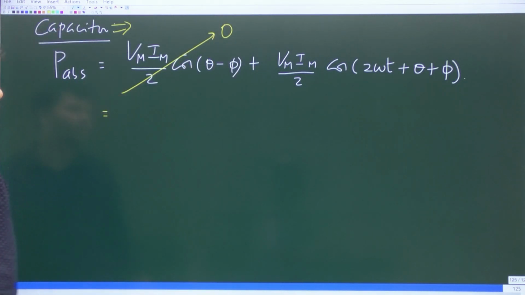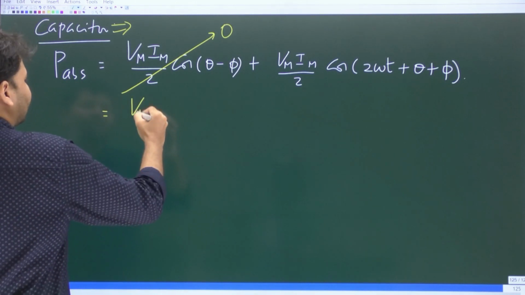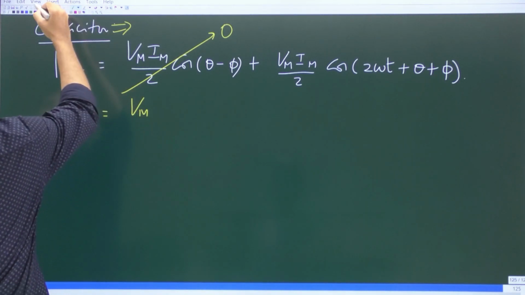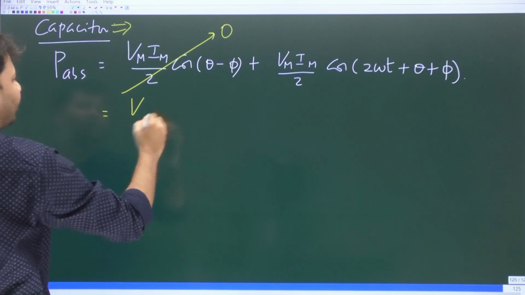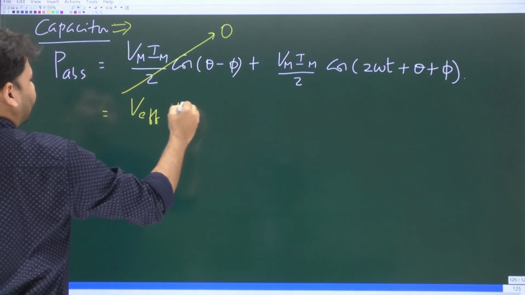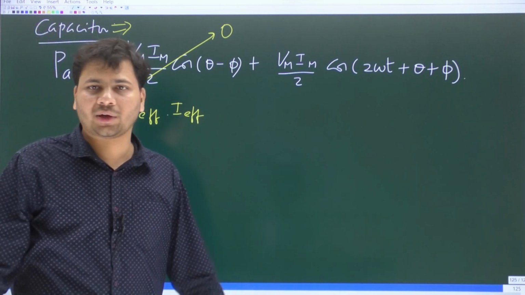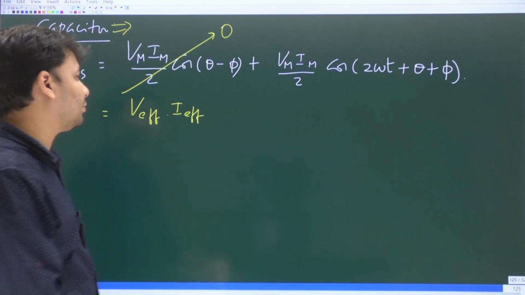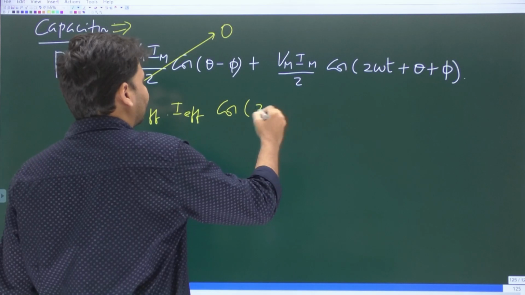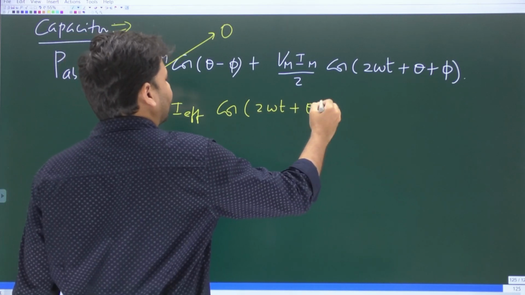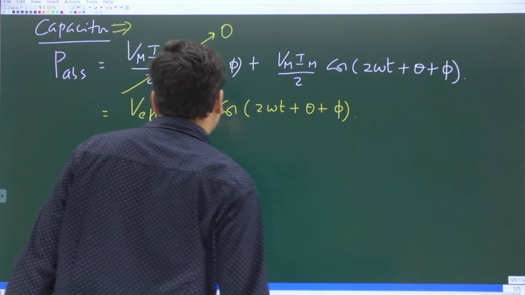So what is the expression for the power absorbed? It is Vm Im by 2, which you can write as V effective into I effective, because Vm by root 2 is V effective and Im by root 2 is I effective, times cos of 2 omega t plus theta plus phi.